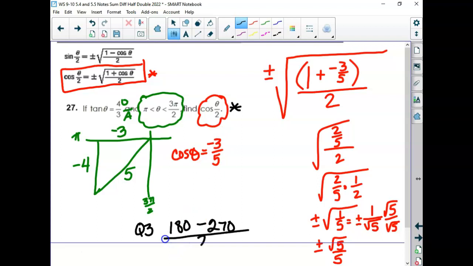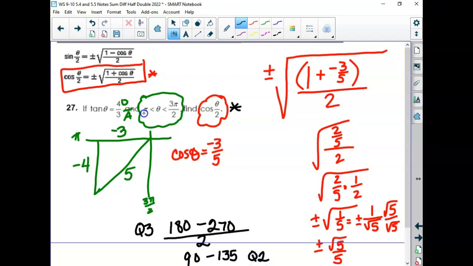So if I divide these by 2, because theta was somewhere between there and there, theta divided by 2 would be somewhere between 90 and 135. Does everybody get that? If I was between 90 and 135, what quadrant would I be in? It's not the whole quadrant, but it's somewhere in quadrant 2, right?